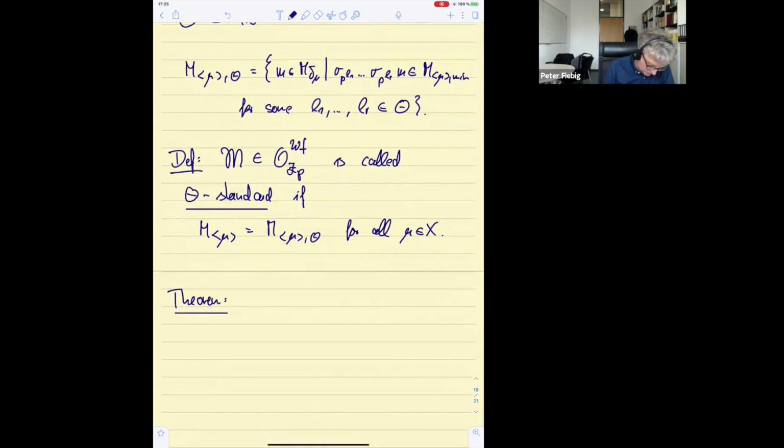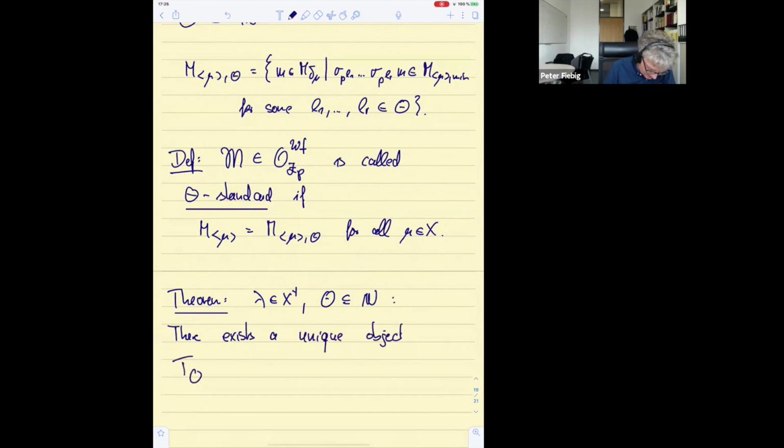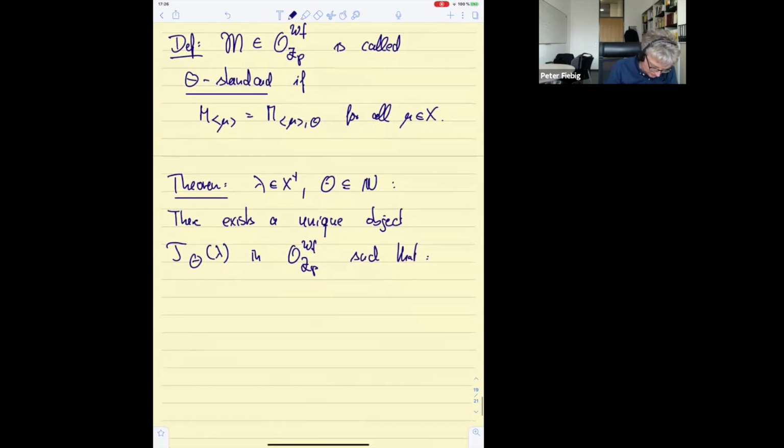And the theorem is the following. For lambda in X plus and theta in N, there exists a unique object, let's write this curly T theta lambda, in O such that, first, it has highest weight lambda, this highest weight space is just free of rank 1, and all the other weights are smaller.